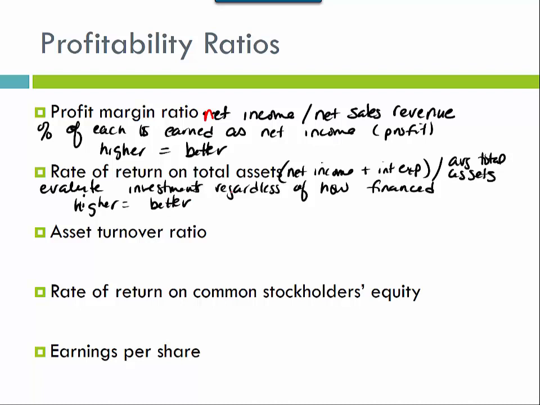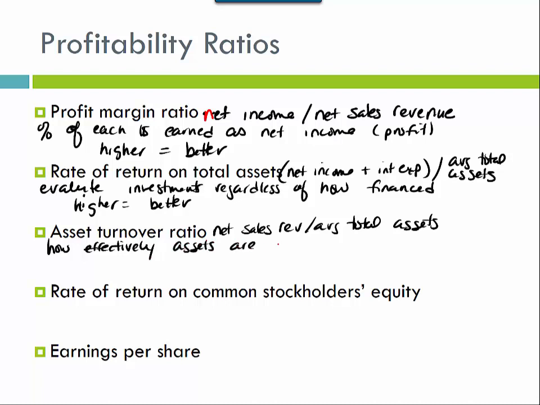And then we have an asset turnover ratio. So this is net sales revenue divided by average total assets. Same number we got there, beginning plus the ending divided by 2. I think we've looked at this one before. This is how effectively your assets are used to generate revenue.